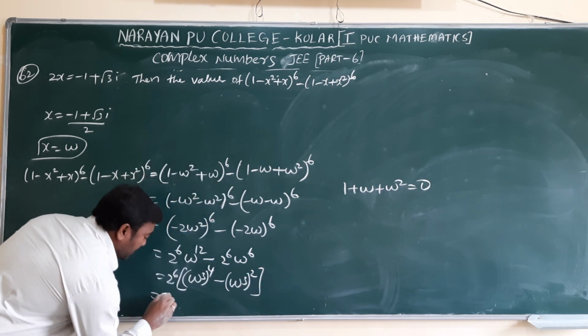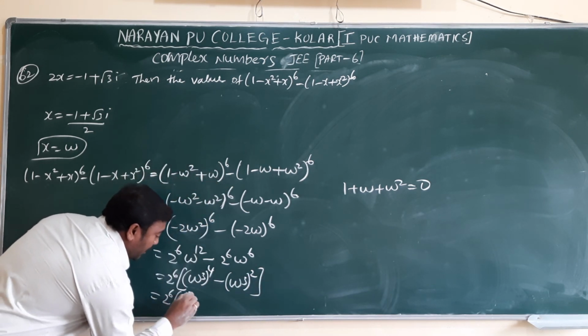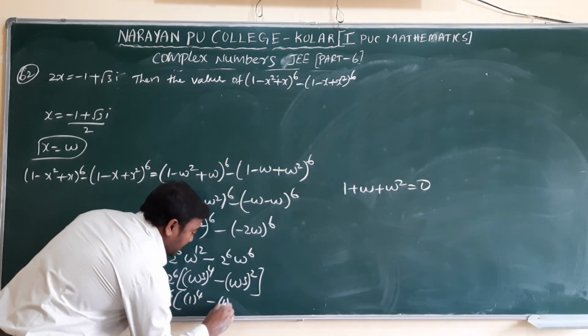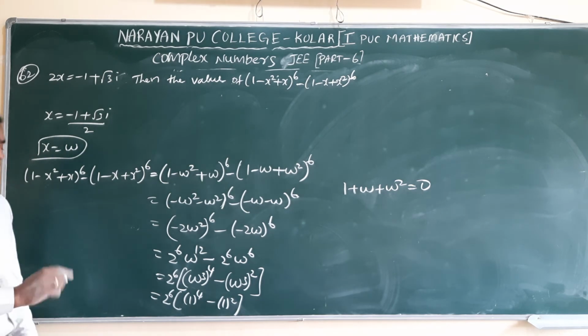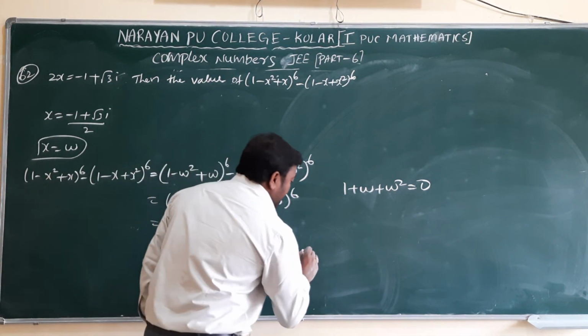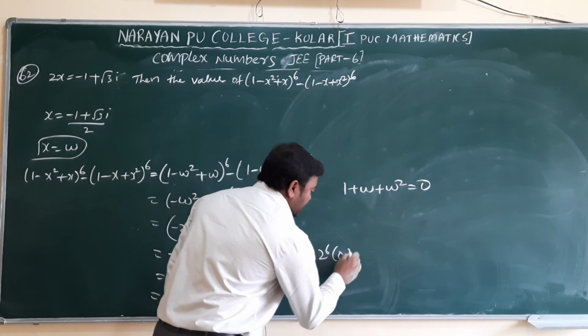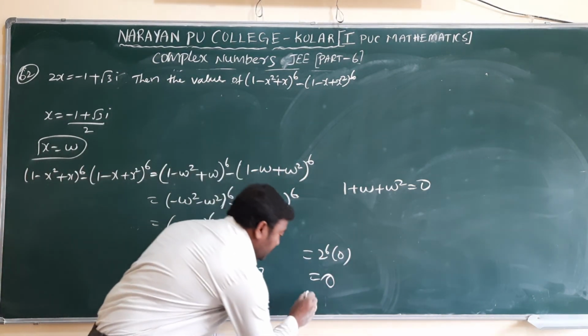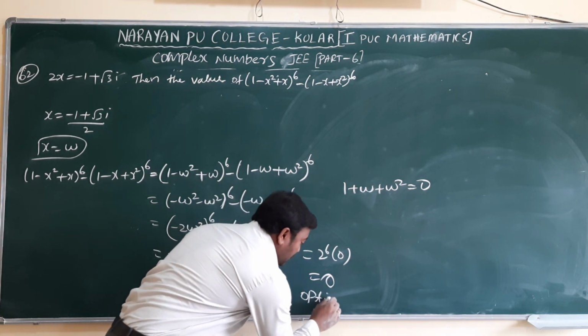Already we know that the value of omega cube is 1, so 1 power 4 minus 1 square. We are getting 1 power 4 value 1, minus 1 square value 1, we are getting 0. So 2 power 6 into 0, we are getting 0. Here option D is the correct option.